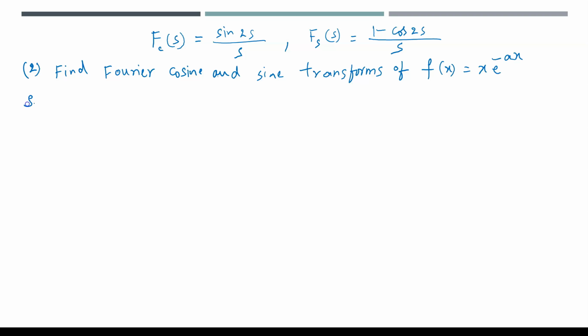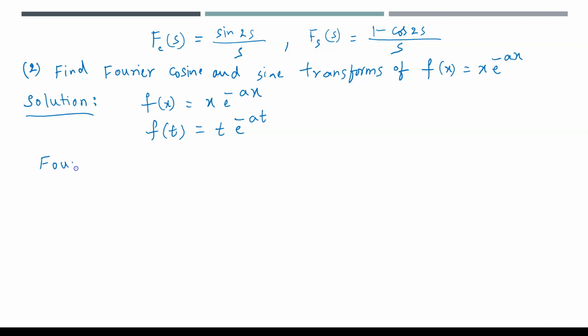So here let us solve this. First let us write the given function f(x) equal to x e power minus ax. If you consider f(t), then f(t) equal to t e power minus at. Now let us find the Fourier cosine transform.